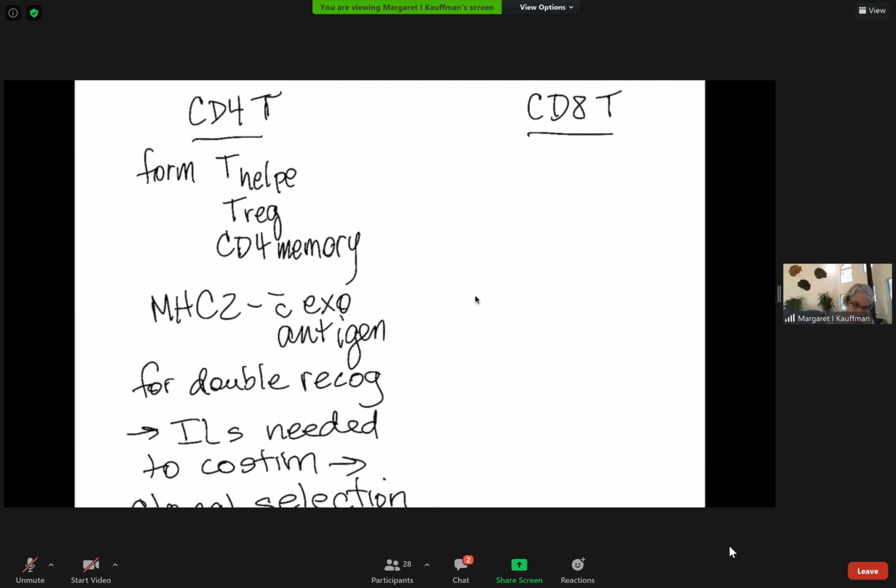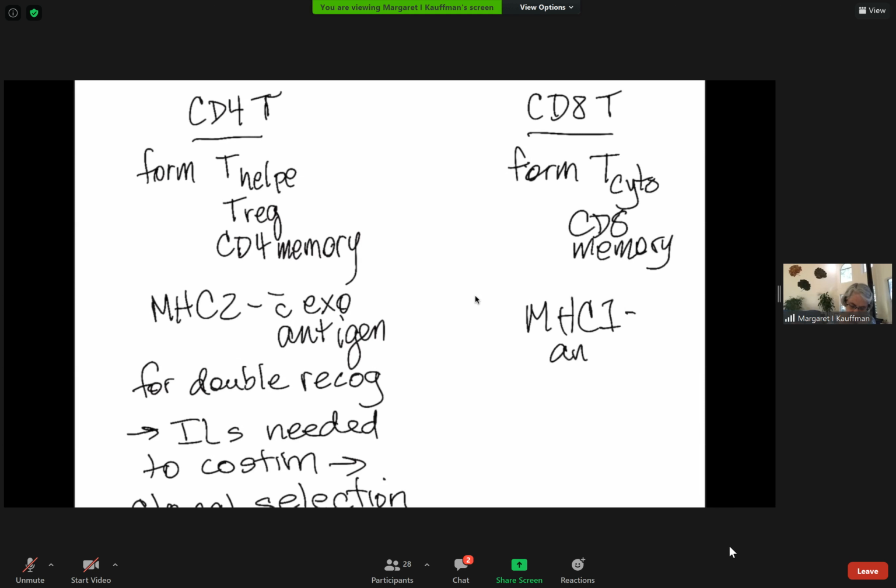Okay, so on my graph here, this one forms T cytotoxic and CD8, right? Memory. And then let me catch up with you. Fell behind. This is the MHC1 antigen, and that's for double recognition. Okay.